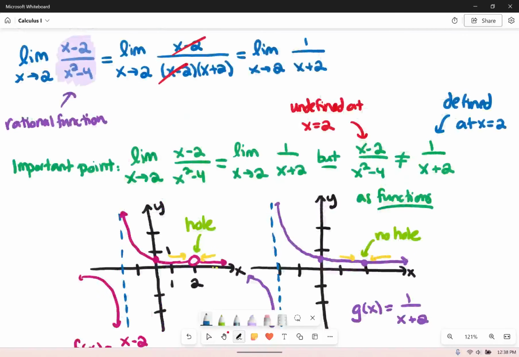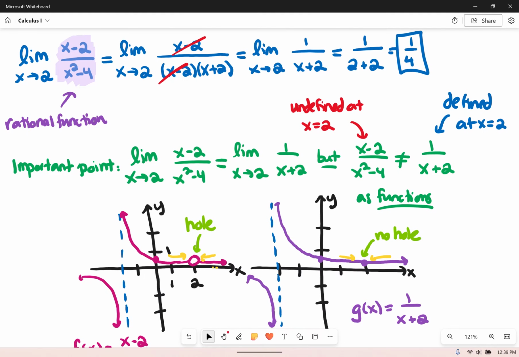So to do this problem correctly with precise notation, we write that the limit as x approaches 2 of (x minus 2) over (x squared minus 4) equals the limit as x approaches 2 of 1 over (x plus 2) equals 1 over 2 plus 2 equals 1/4.